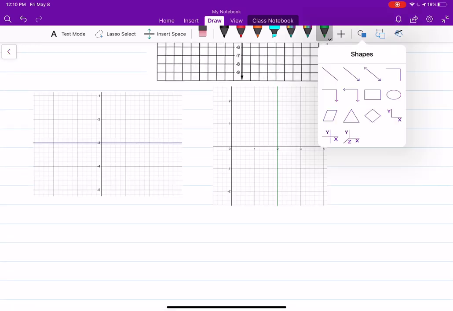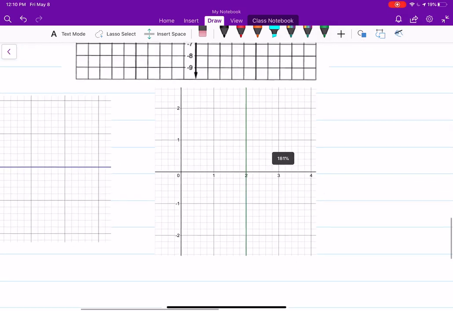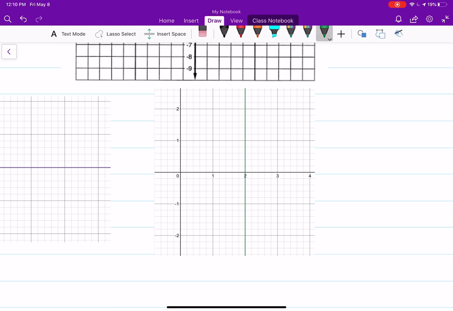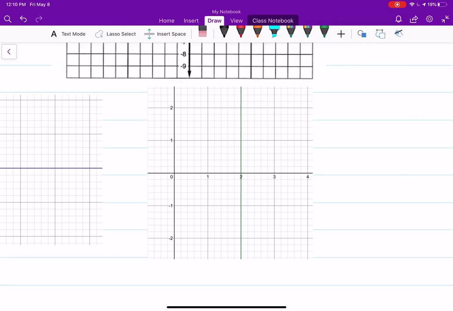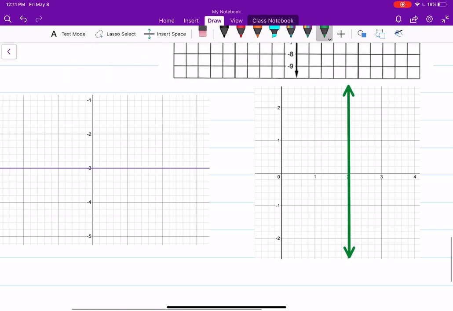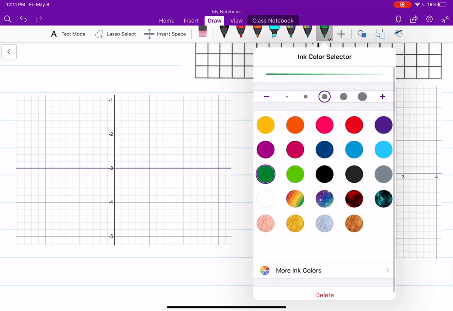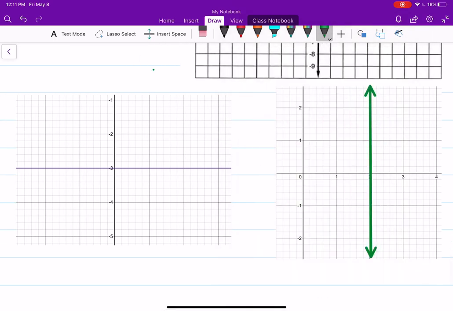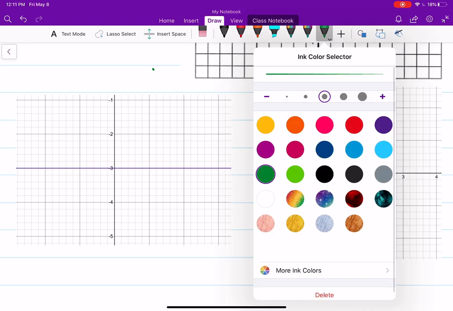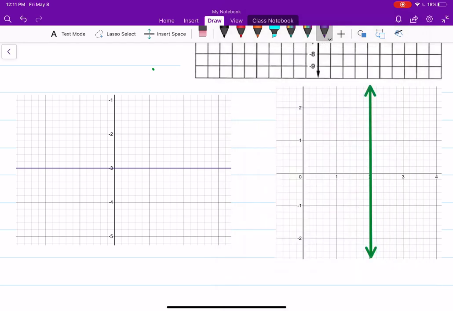The green line I can reproduce here. So the green line looks something like this. Boom, right there. And then let's make a purple line. Okay, so there's my 2 lines right there.